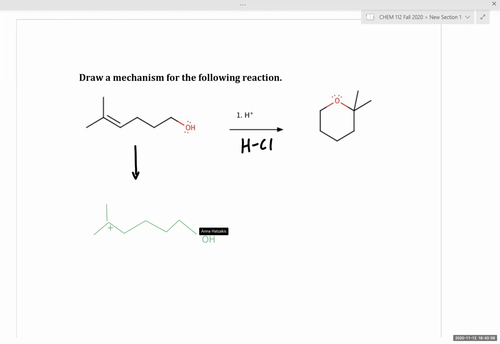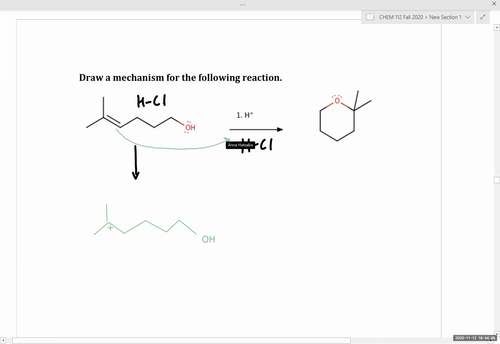So we have the product drawn, but would you be able to draw the arrow pushing process that gets us to that product? If we have hydrochloric acid, for example, could you draw that out?